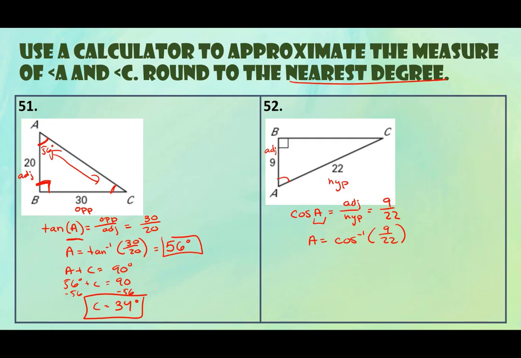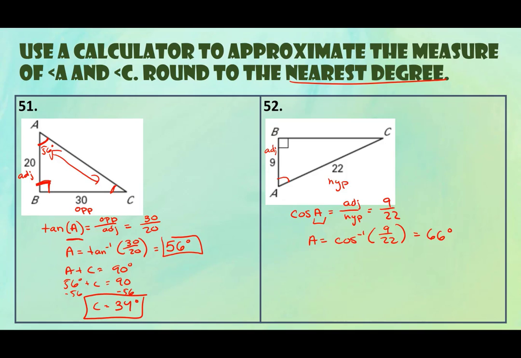So I'm going to put this in my calculator. I'm going to press second cosine, you'll see the little cosine to the -1 right above it, of 9 divided by 22. And when I put that in my calculator, I get, to the nearest degree, 66 degrees.